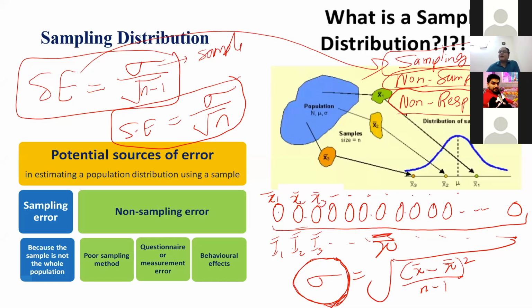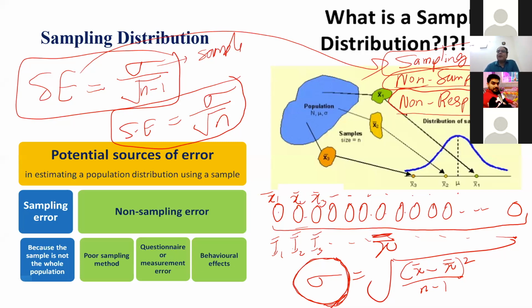But the problem is that if these people whom I exclude from the feedback, if I included them, will the result change? You say yes, definitely. So now I hope you understand what is the non-response error. Non-response error means the people who say no to give you the data, if by chance you collected the responses from these people, will you get different results? So this is called non-response error.